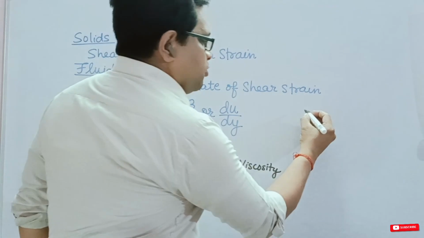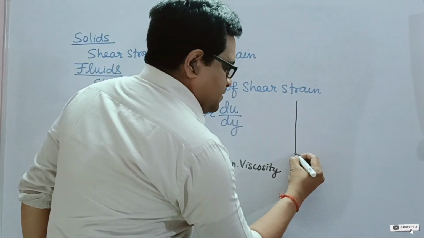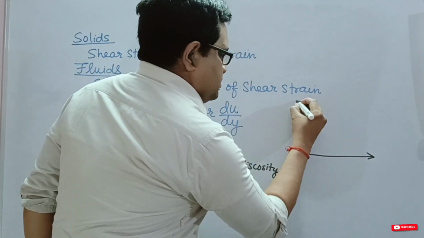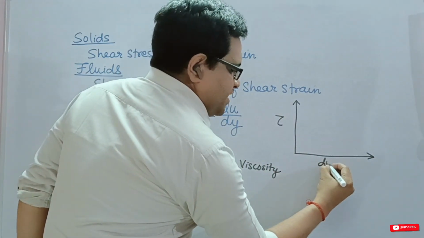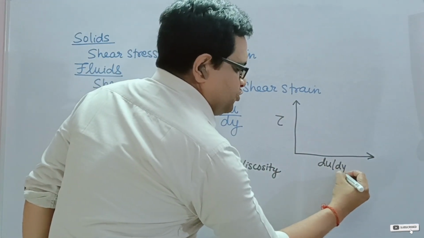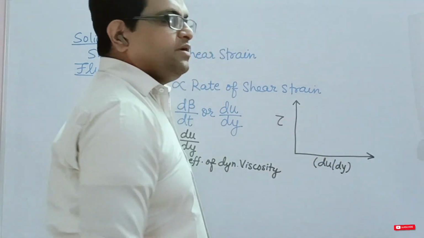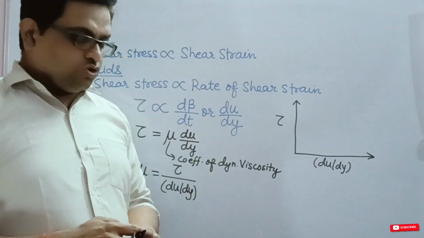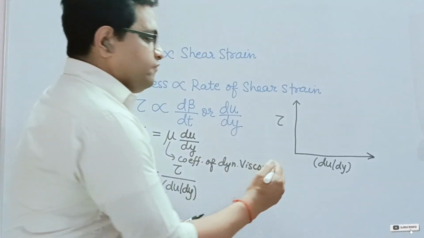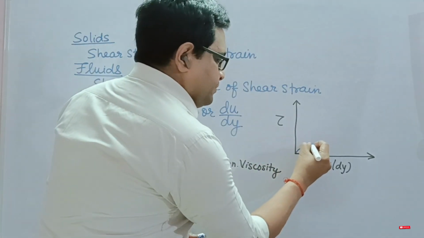So if we plot the graph between the shear stress tau and the rate of angular deformation or the velocity gradient du upon dy, what we will get? Since it is directly proportional, we will get a linear graph. So for Newtonian fluids, the graph will always be linear.